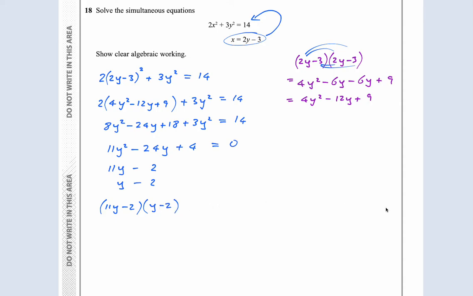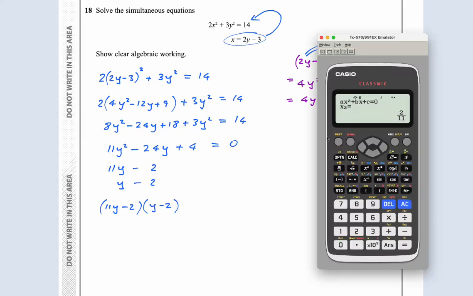Now sometimes, guys, students who really hate this, and God knows there are many students that do not like factorizing quadratics, you can solve it using your calculator and then go backwards to show the factorizing. But these are the two values we're going to use anyway.